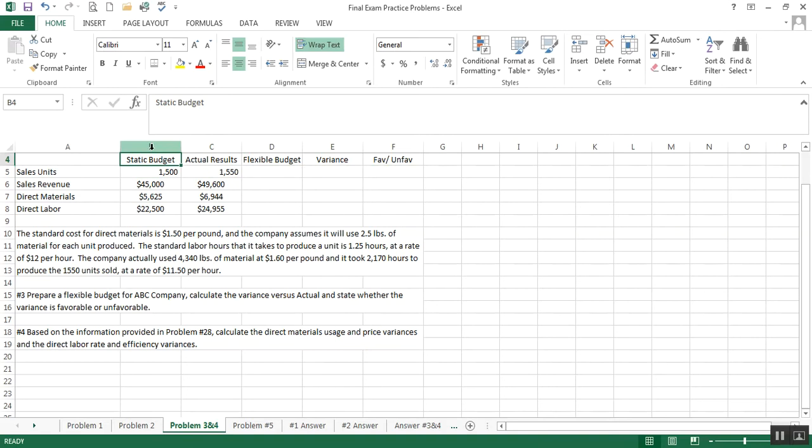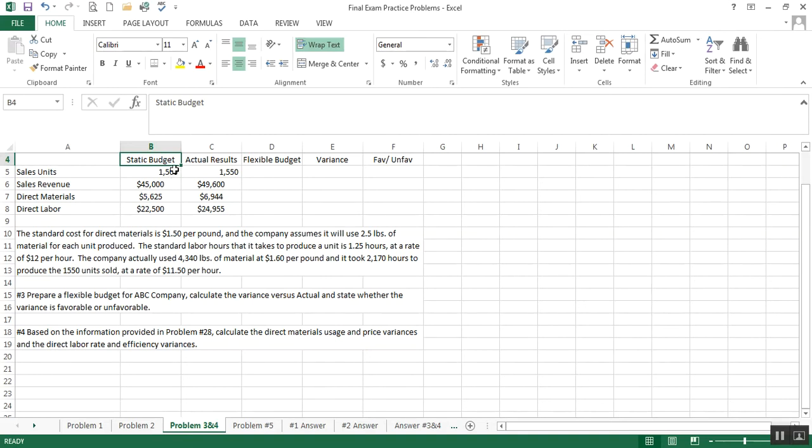When we're talking about our static budget, we're looking at the information that we have before anything happens. So we need to develop some standards to use for our static budget. These are standard cost, standard materials, and standard labor, rates, and usage.